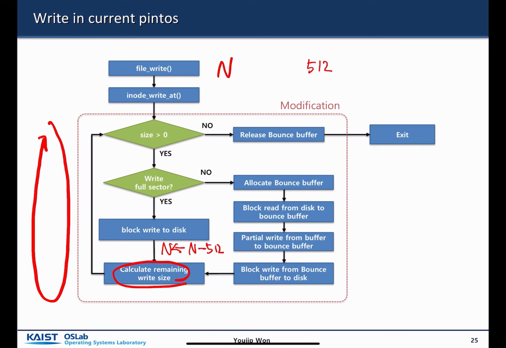Do it again and again. If the size becomes 0, then the write is done, so it releases the bounce buffer. But in case the remaining amount of data to write is less than a sector, this is the important and tricky part, we call it a partial write.